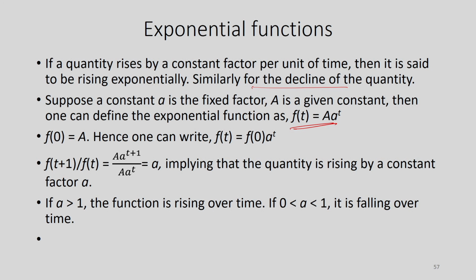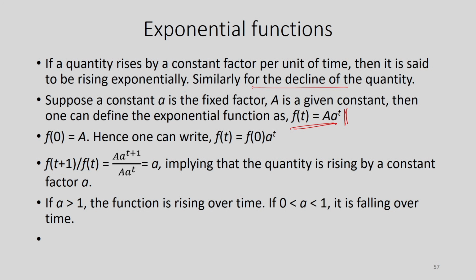So, again just to repeat, here I am taking t as the independent variable, it is rising and therefore this quantity is changing, and if it is changing by a constant factor, we are calling that an exponential function. Here in this particular example, small a is that constant factor. This I will show in a second.